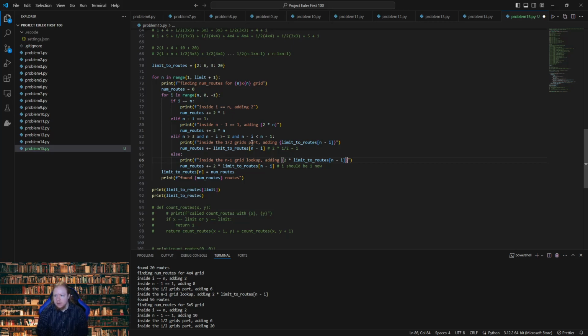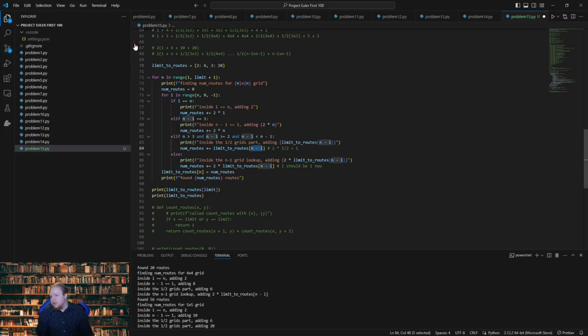So we come in here when I equals 2, and we want to look at limit to roots 3.